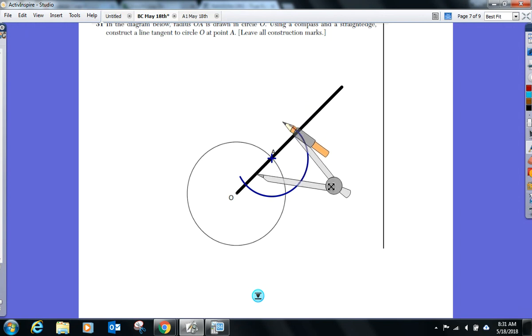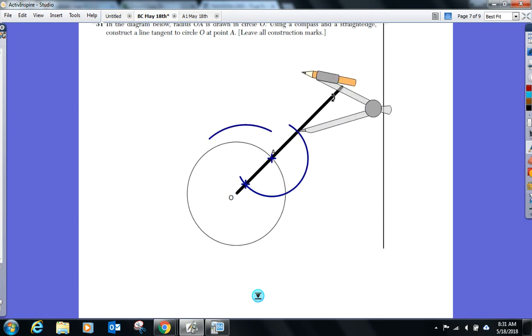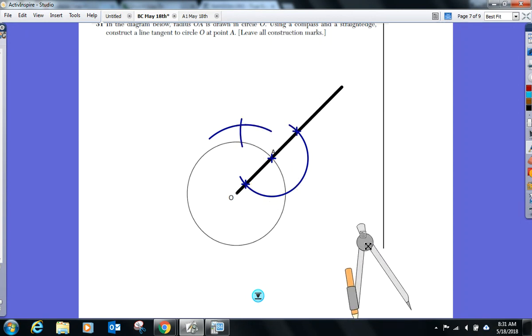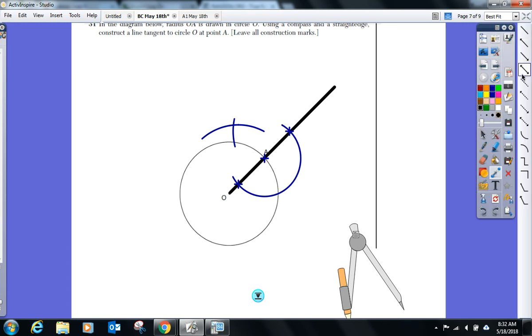Goes to each point of intersection. And make sure you read the directions. It says draw a tangent line, not a segment or a ray, a tangent line.